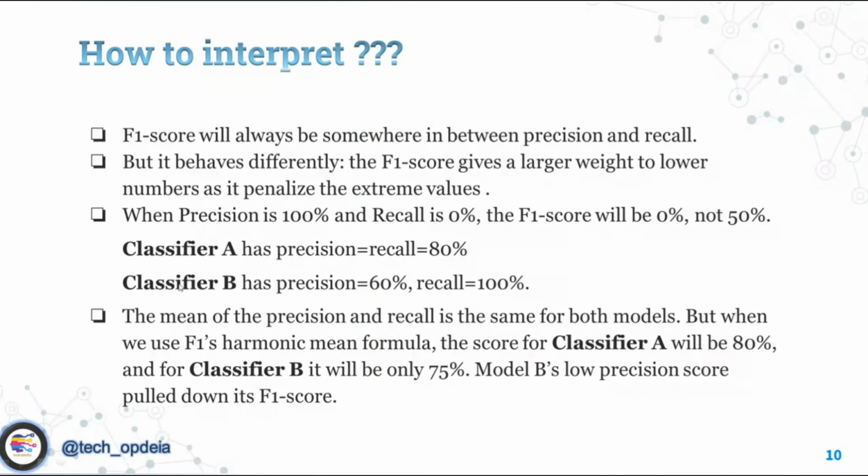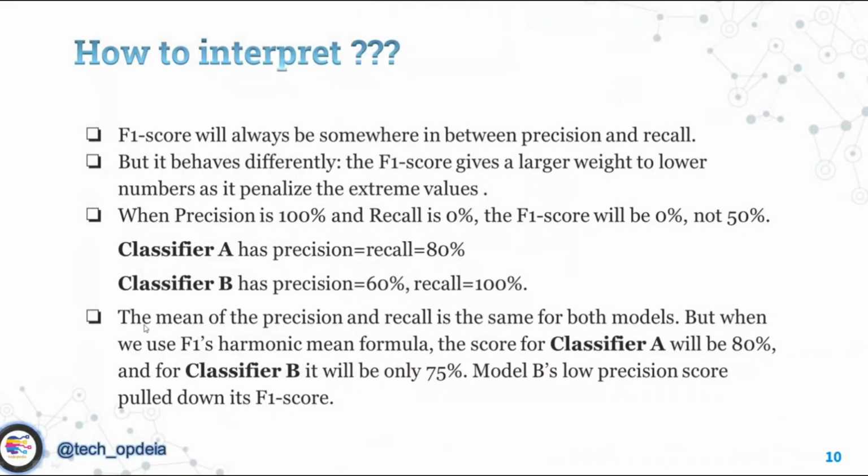Let us see two classifiers. Classifier A has precision and recall both 80%. Classifier B has precision 60% and recall 100%. The mean of precision and recall is the same for both the models, but when we use the harmonic mean formula, which is the F1 formula, the score of classifier A will be 80%, as both precision and recall are 80%, and for classifier B it will only be 75%, as precision has a low value and recall has a high value.